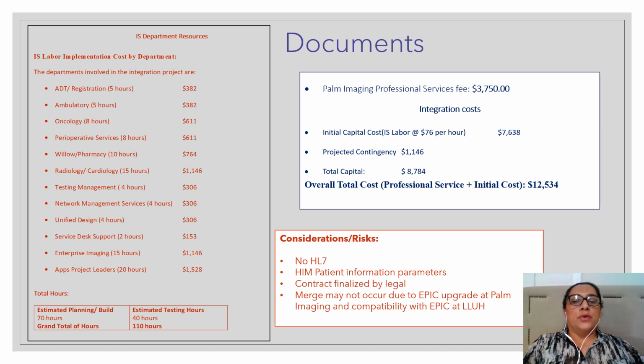Most importantly, the contract should be finalized by legal with the purchase of the property. We cannot move further unless that is finalized. And also potential upgrades on the Palm Imaging end with their PACS system will trigger the system at Loma Linda to meet the upgrades, meet the standards for communication as well, therefore increasing the cost of the project.